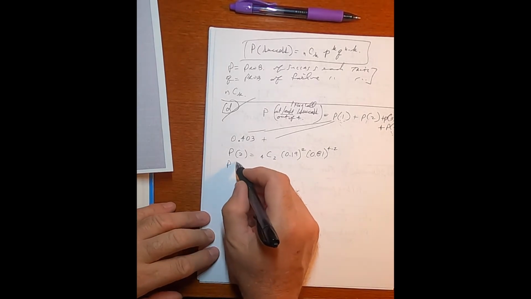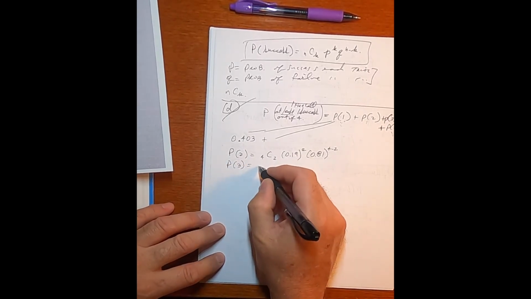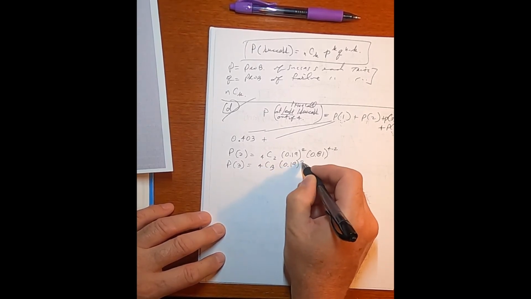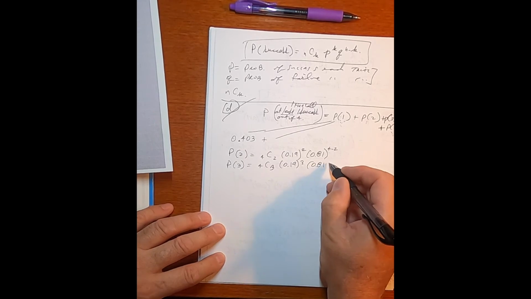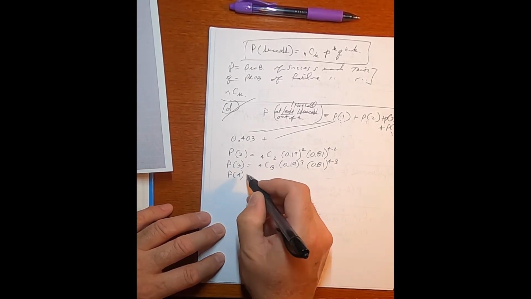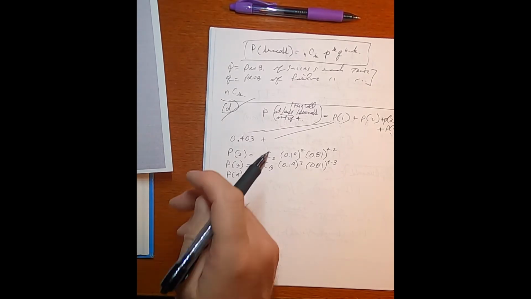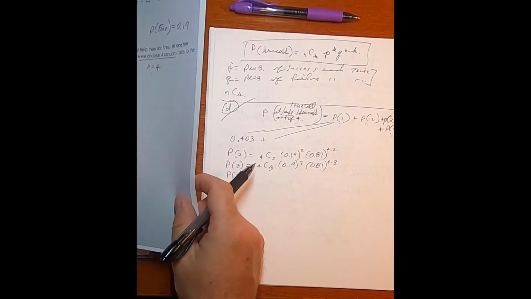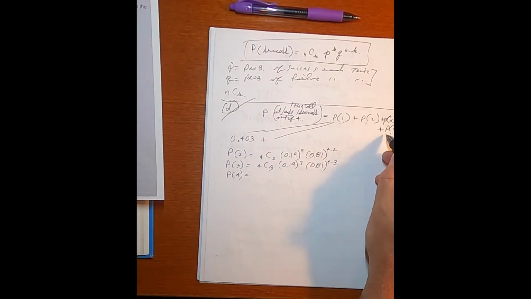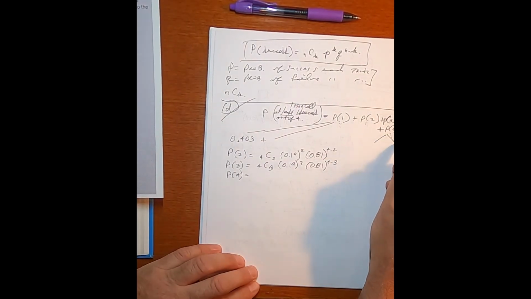Then the probability of 3 is 4C3, 0.19 to the third, 0.81 to the 4 minus 3, and finally the probability of 4, which I think we already did. The probability of all 4 fires, we did this one too, so we're done with that.